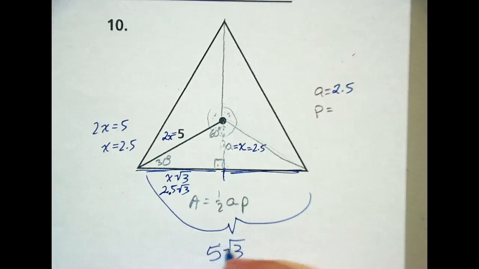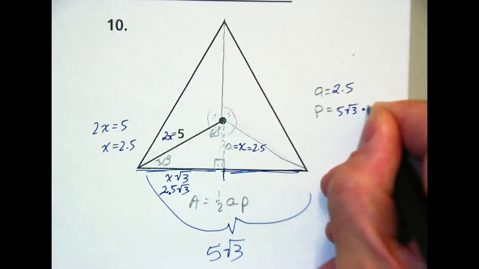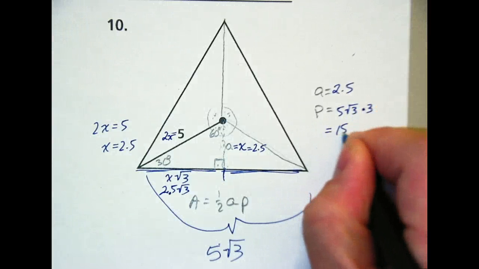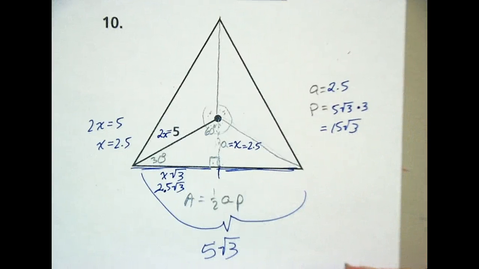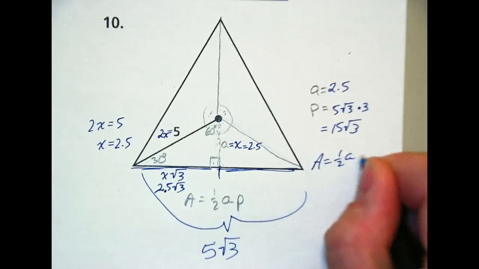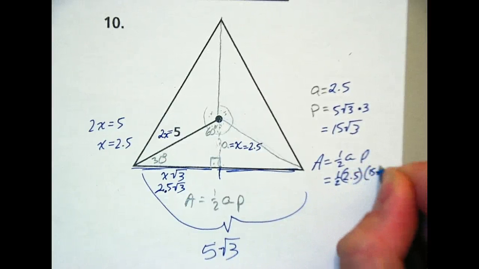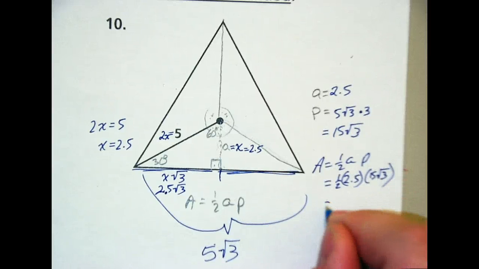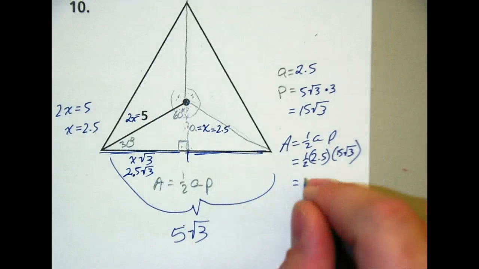So 5 root 3 times 3 sides is 15 root 3. That's our perimeter, yep. So area is equal to 1/2 AP, or 1/2 times 2.5 times 15 root 3, which is 18.75. So Haley had it, so we got a second there.